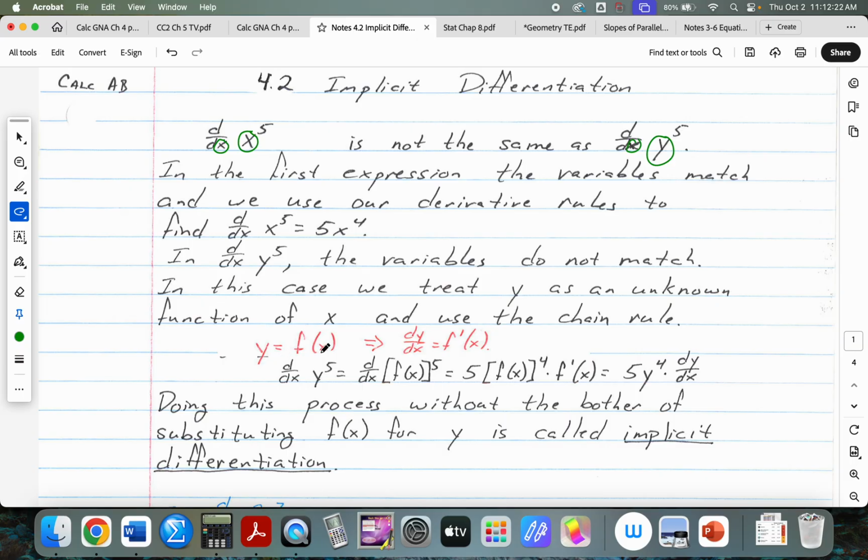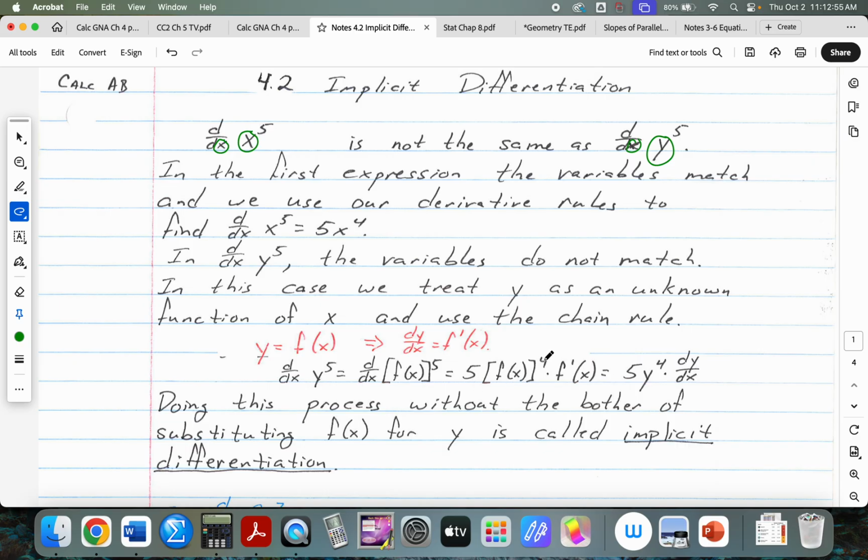So if y is equal to f of x, remember dy dx is f prime of x. We don't usually take the time to do all of this, but here's what the idea is. If we're taking the derivative with respect to x of y to the fifth, that's the derivative with respect to x of some unknown function of x raised to the fifth power. Then we apply the chain rule. We have 5 times f of x raised to the fourth.